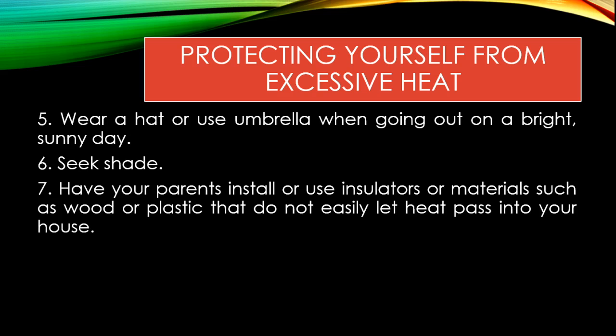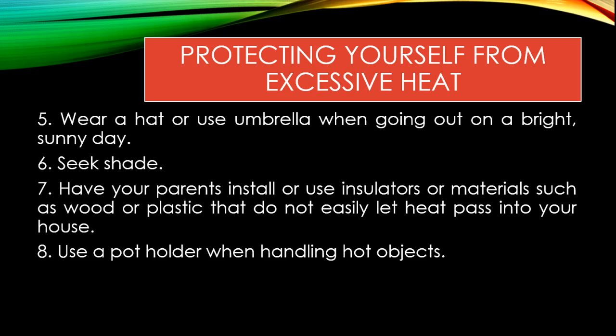Seventh, have your parents install or use insulators, materials such as wood or plastic that do not easily let heat pass into your house. And eighth, use a pot holder when handling hot objects. So when cooking, use a pot holder when you are holding the handle of the pot or pan, cooking pans.